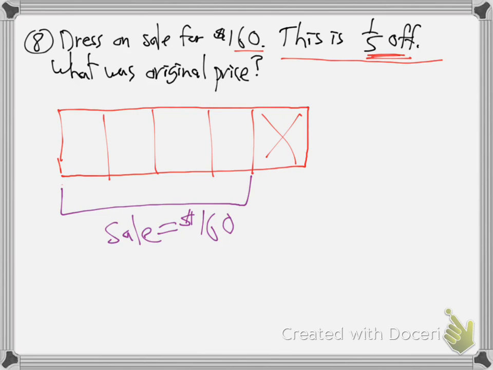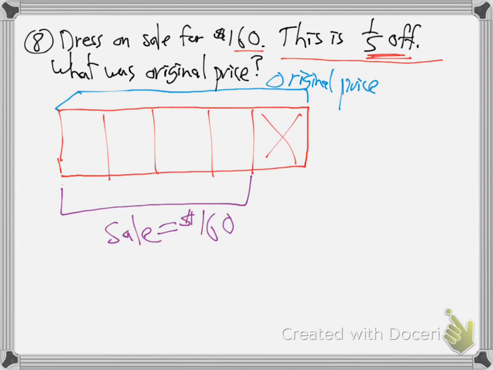Sale price is $160, and it's 1/5 off the original. The whole thing, this whole fraction bar, is the original price. Right, to get the idea, all 5 boxes are the original price.